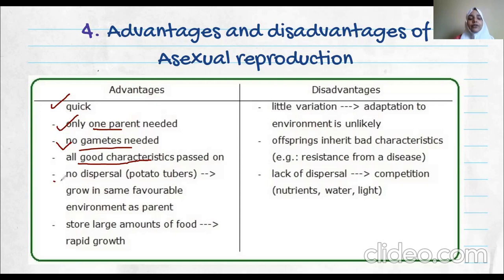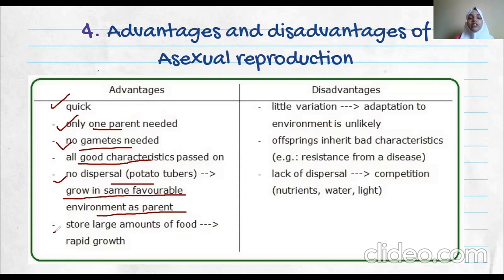Yes, and if you are growing a particular plant in a favorable area, the offspring will also come up in that area only. So no dispersal on a larger scale will happen. It will grow in the same place where you want, in the same favorable environment as the parent plant.